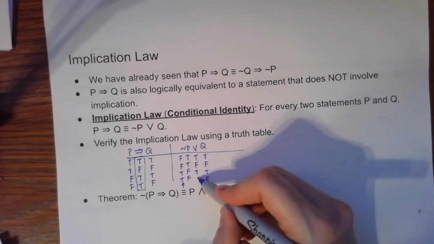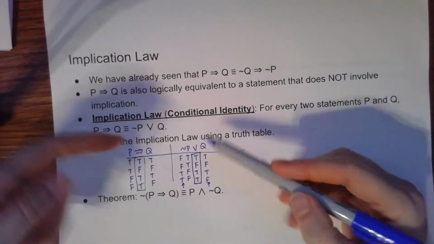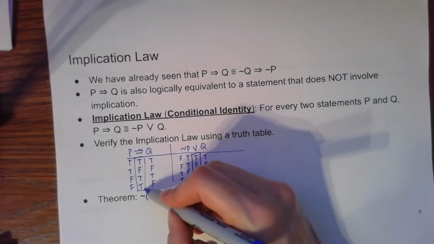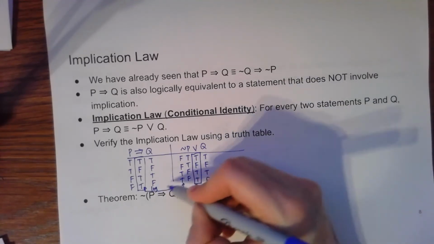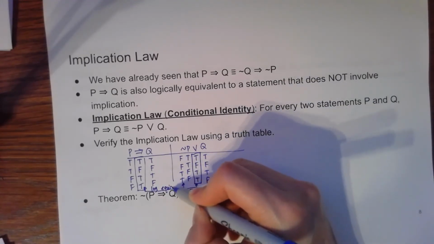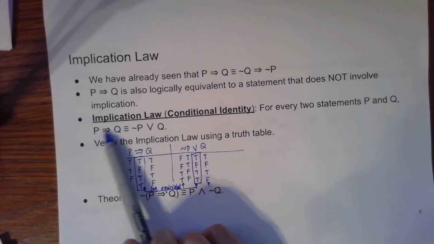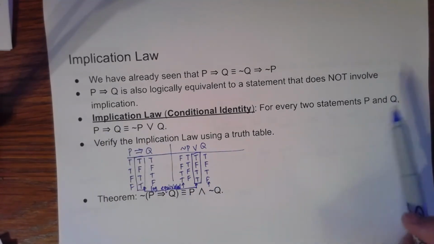True or false is true. So those would be the values here. And notice, true, false, true, true, they match exactly. So since these match, they are logically equivalent. So we can use them interchangeably. Whenever we see this, we could replace it with that, and whenever we see that, we could replace it with this.